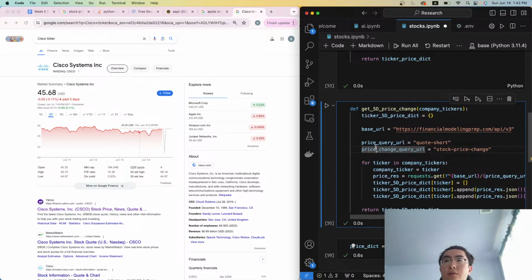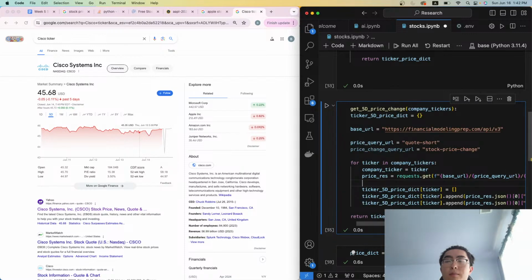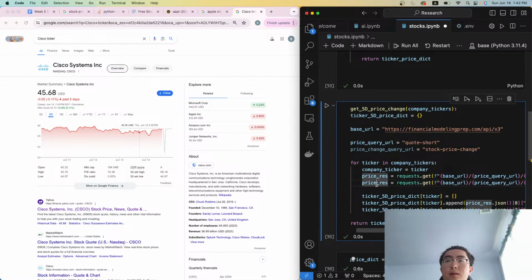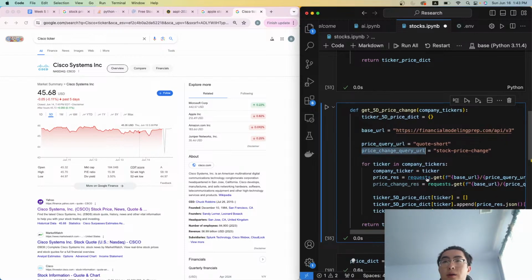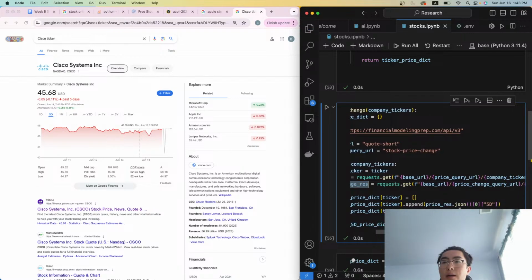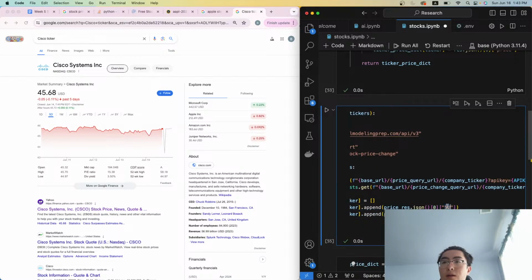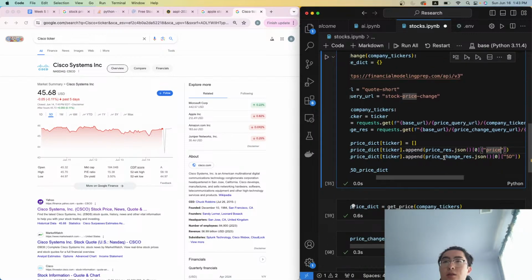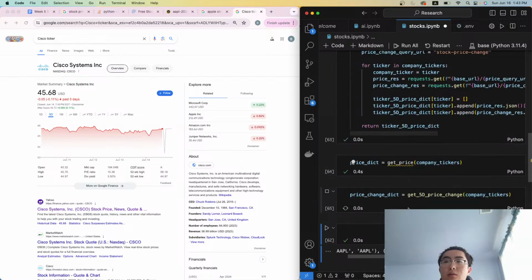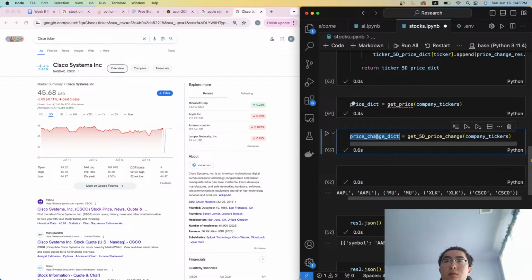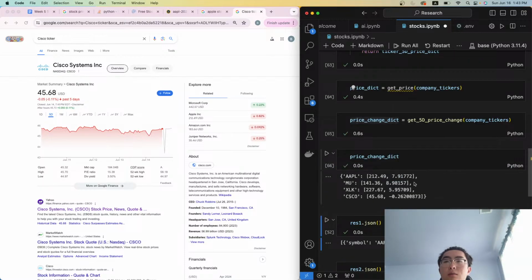So this is the price change response. So we want the price change query URL, right? And then we want to add the price change response here, 5 days. So I think this one is just called price. Let's take a look. Right, okay.